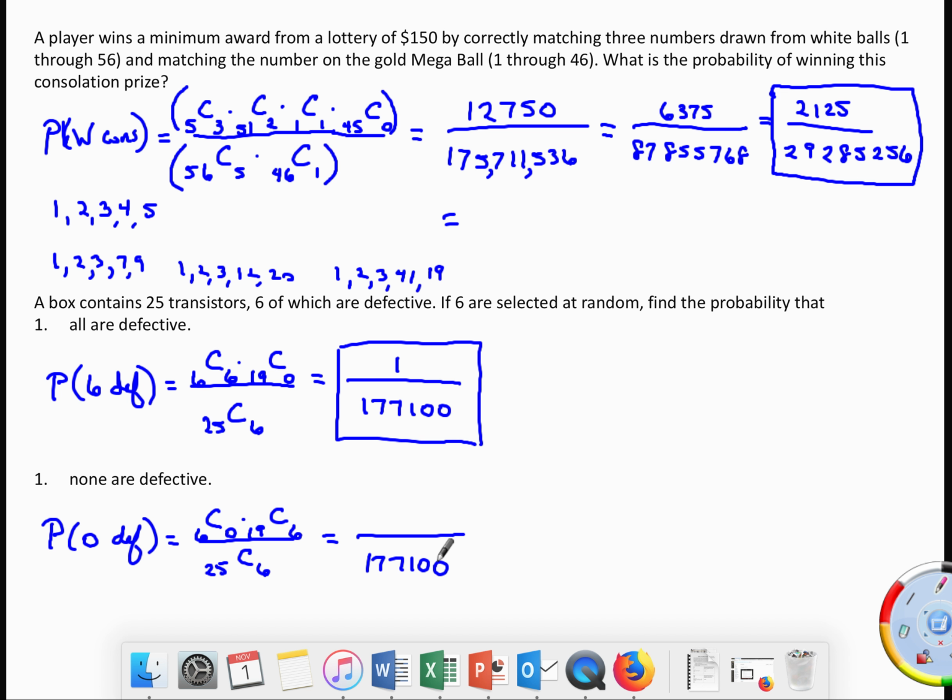So let's just do now 19 choose 6, which is 27,132. Again, this is probably a little too large for our calculator to simplify for us, but I notice they're both even, so I'm going to divide both of them by 2. 13,566 and 88,550.